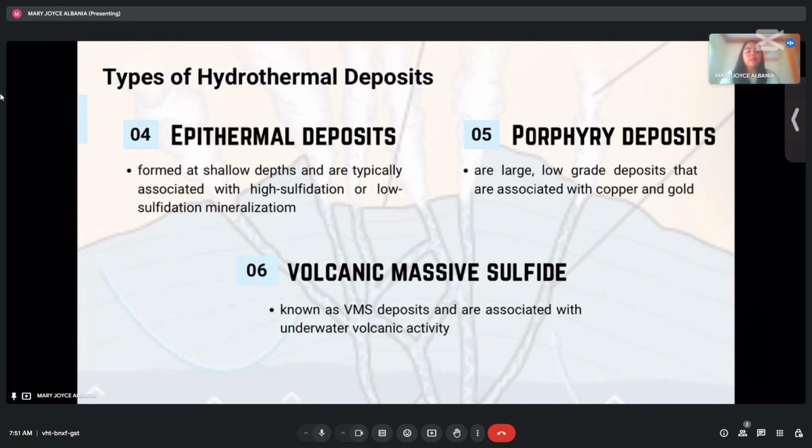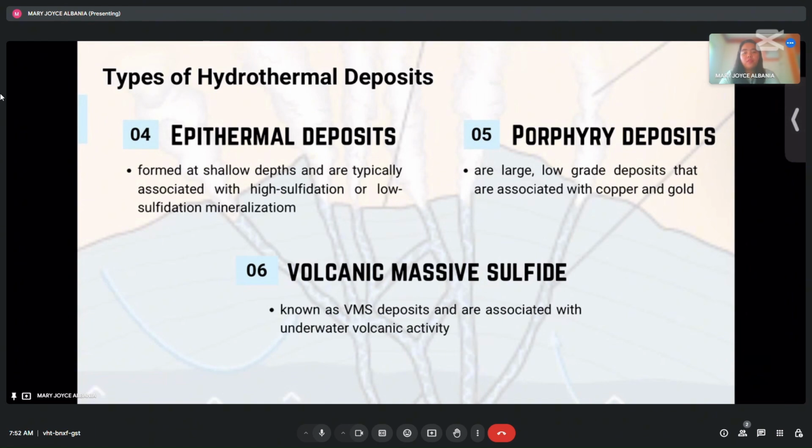These are large, low-grade deposits and are often associated with copper and gold. They are formed when large volumes of hydrothermal fluids circulate through a large area of rock, and it alters the rock while depositing minerals.